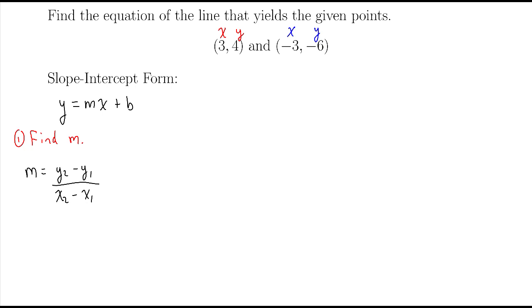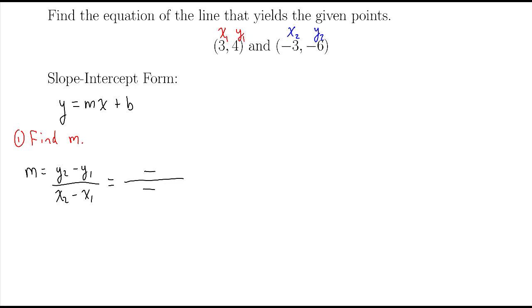Let's use this formula, and I'm going to label these. This is my first x and my first y. This is my second x and my second y. It doesn't matter which one you decide is first and second, as long as you don't mix them. Keep your ones together and your twos together.